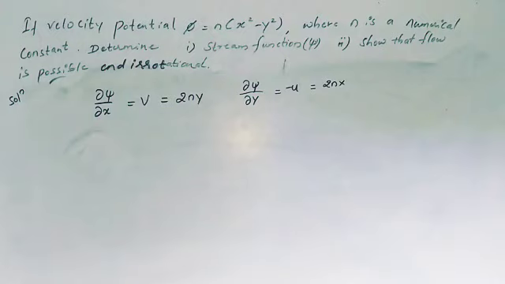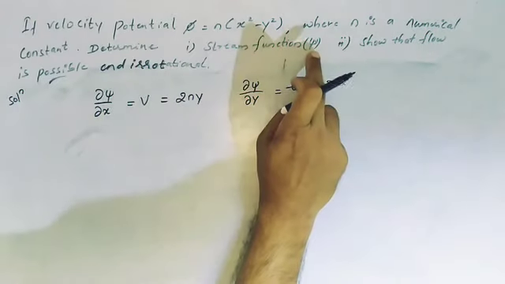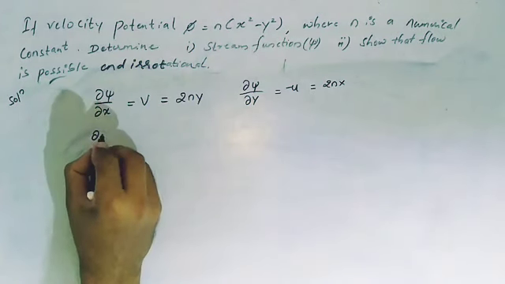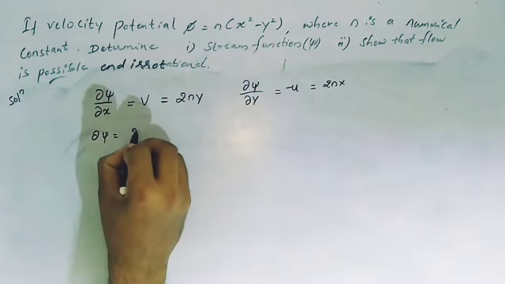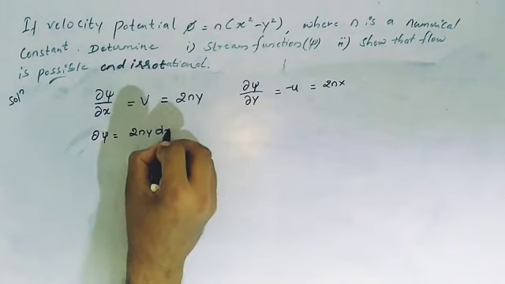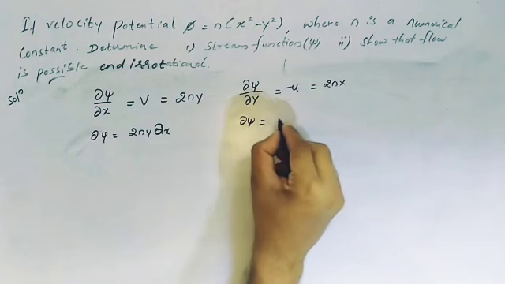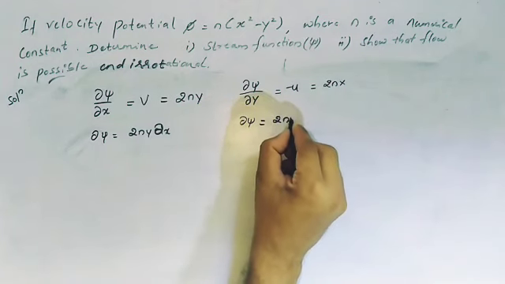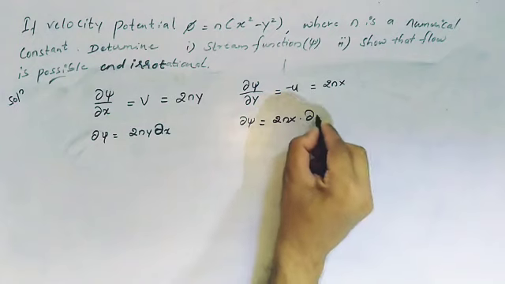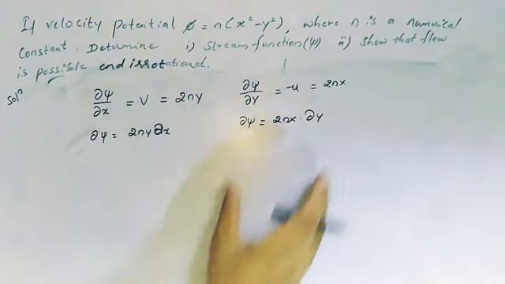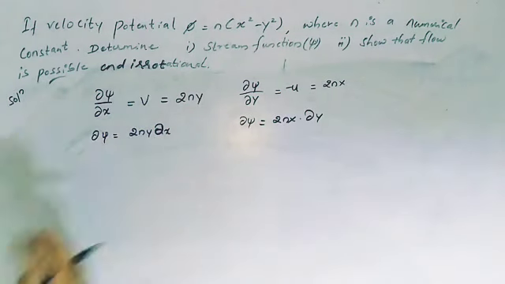Okay, now as we need to identify the psi function, let us rearrange this equation, that is 2ny into dou x. Similarly here it will be dou psi equals 2nx into dou y. So I will consider only one equation. If I solve simultaneously it will be confusing, so I will solve only one equation.